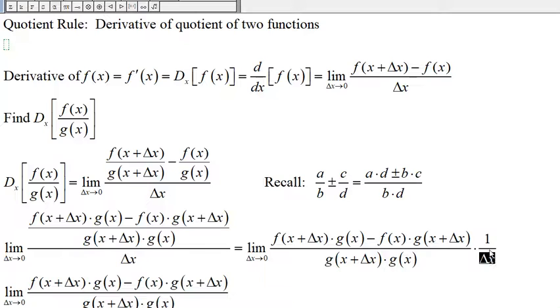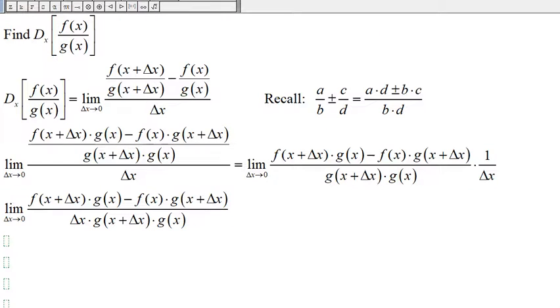We just get the same thing because it's multiplying by 1, and then the bottom we're multiplying by delta x. So the top is just all of this multiplying by 1, so we get the same thing. And the bottom, we just have this part times delta x.